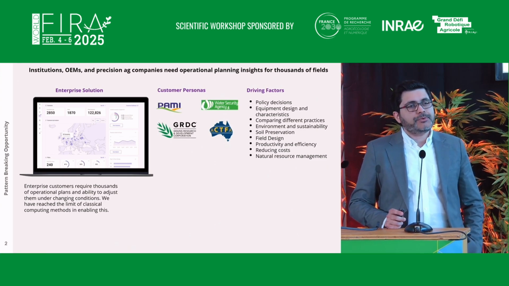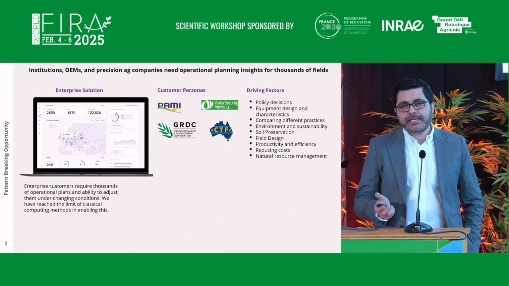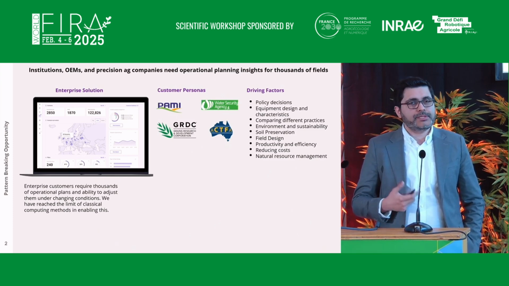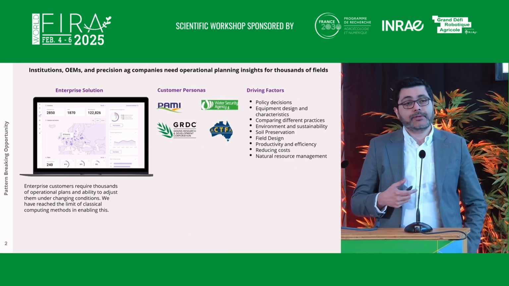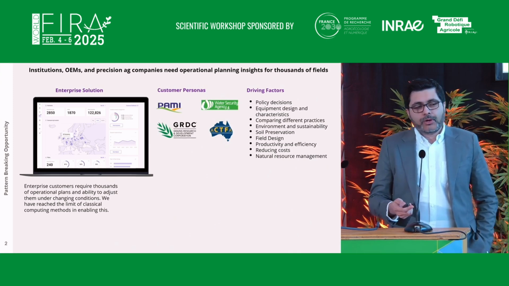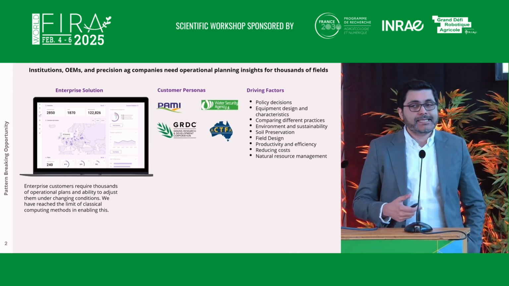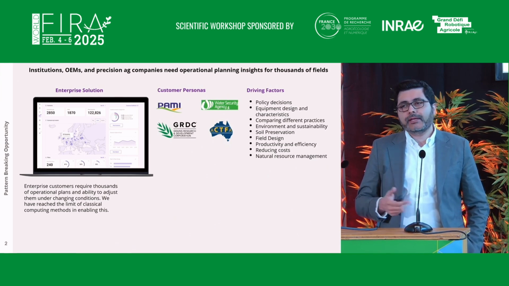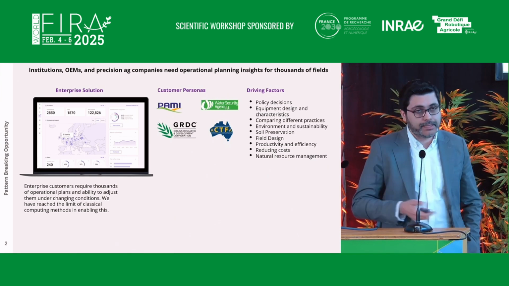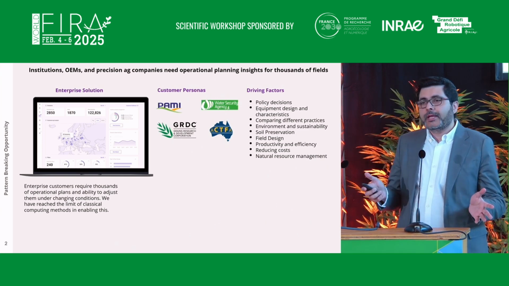PAMI is the Prairie Agricultural Machinery Institute, one of the premier institutions on agricultural research and agricultural machinery research. And they wanted to conduct a study of what would be the productivity impact and sustainability impact of draining wetlands in Saskatchewan fields. Saskatchewan is a province in Canada.